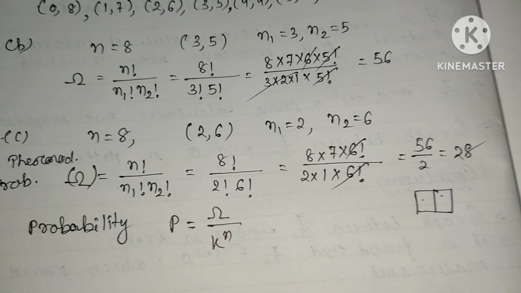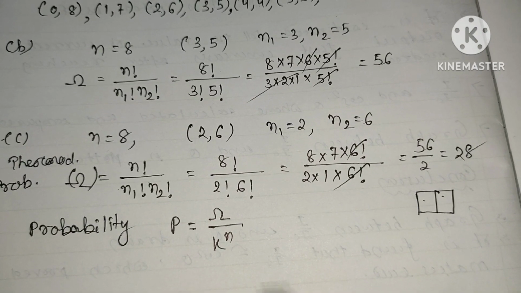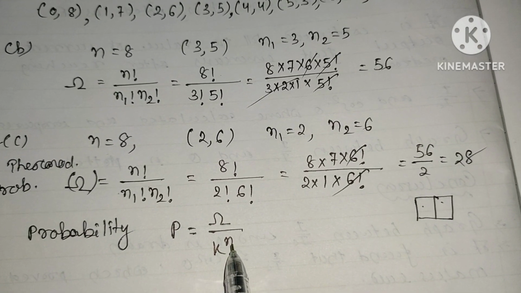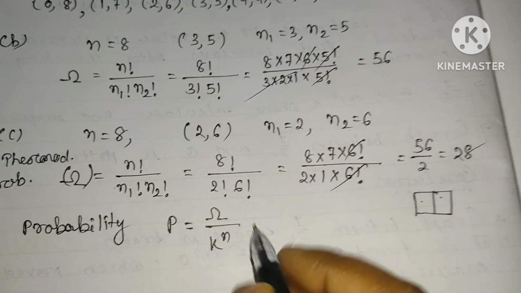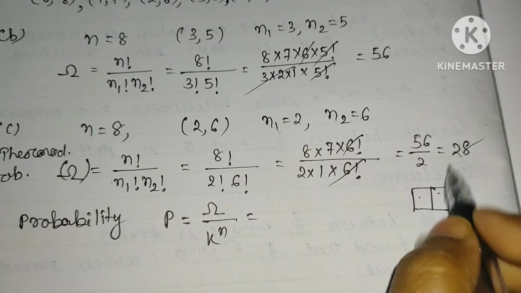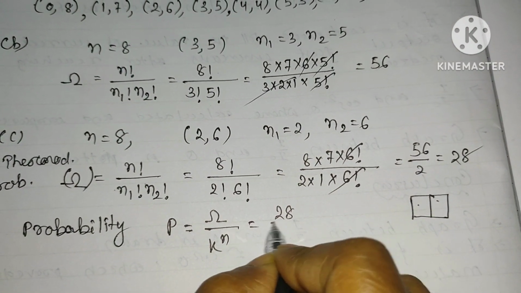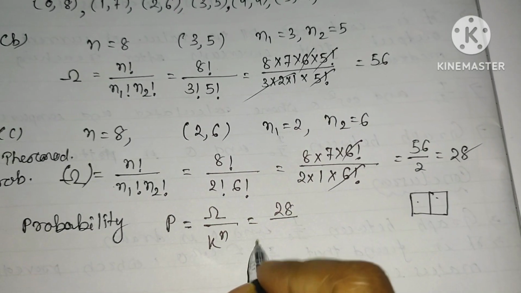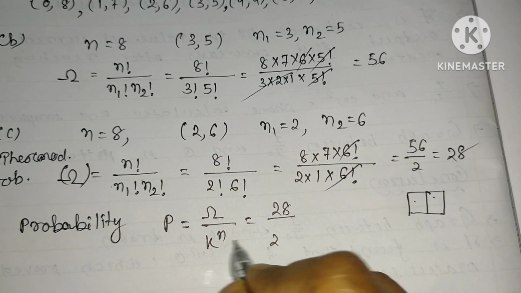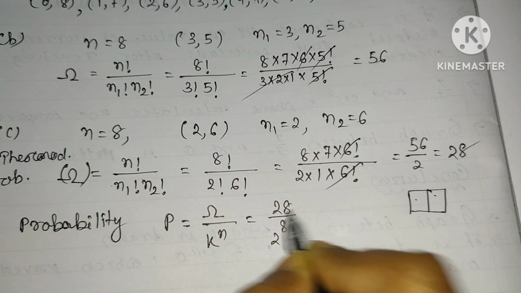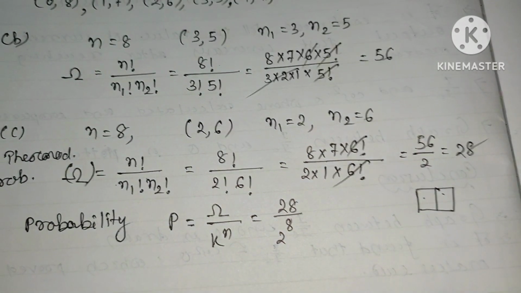K represents the number of states in which a particle can lie, and n represents the number of particles. Here omega is 28, so 28 divided by K, which is 2 for two sections, raised to the power n, the number of particles, that is 8. There are 8 distinguishable particles.